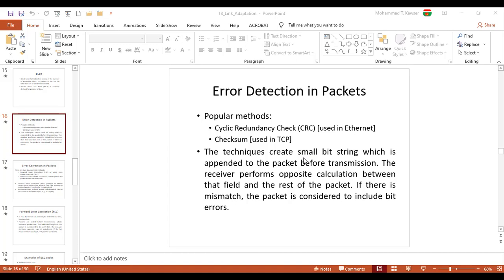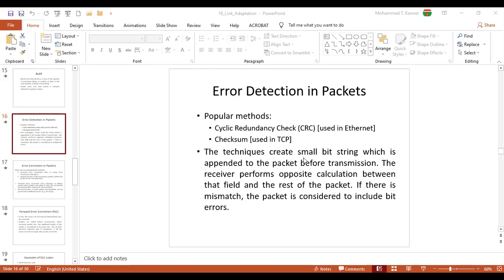The receiver performs the opposite calculation to check whether or not these CRC bits match the whole content of the packet. If they match, then it knows that all the bits of the packet have been correctly received. If these checksum or CRC bits, when calculated with all the bits in the packet, don't match, then it realizes that not all the bits are correct.